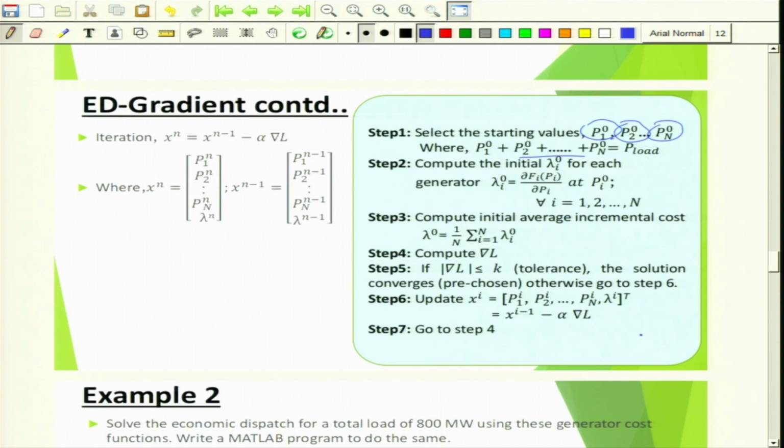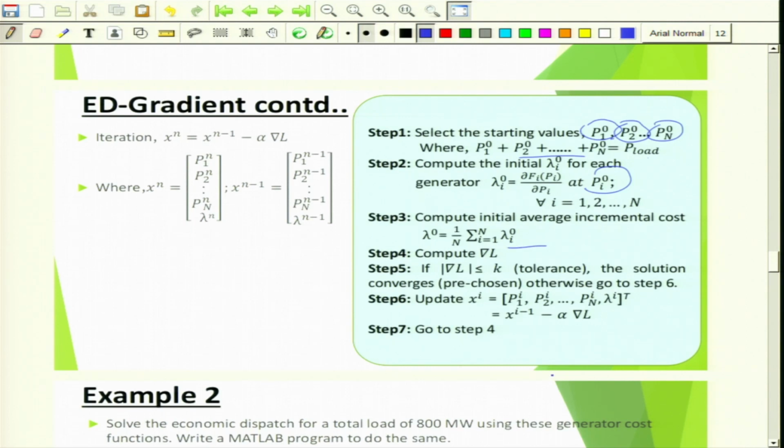Since you have found the generation, obtain lambda for each specific generator, that is, obtain dou Fi by dou Pi at Pi 0, and do this for all the generators.